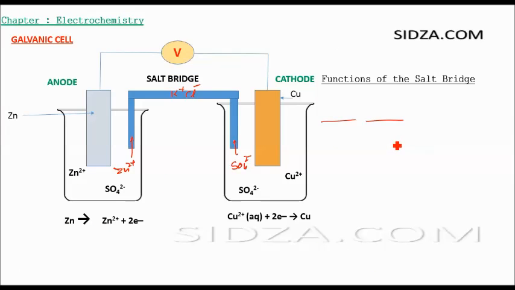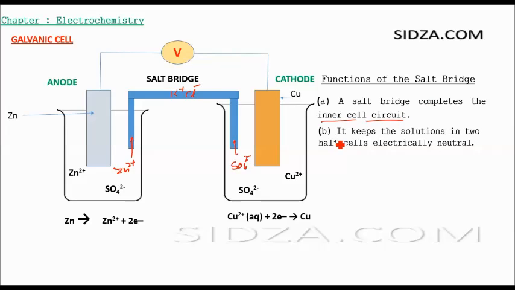So the main functions of the salt bridge are: first, it completes the inner cell circuit; second, it keeps the solutions in the two half cells electrically neutral by exchanging its ions, taking the excess zinc ions and sulfate ions, and in return it provides its ions. So if it takes a cation here, in return it gives an anion, right? Here also it exchanges the anion with this cation, so that the two solutions are kept neutral, okay?